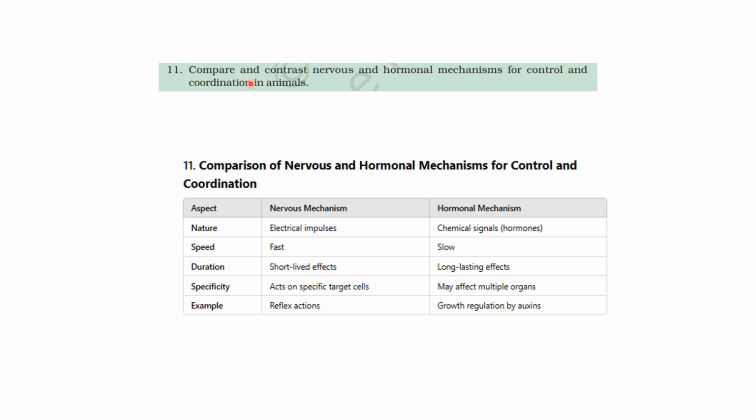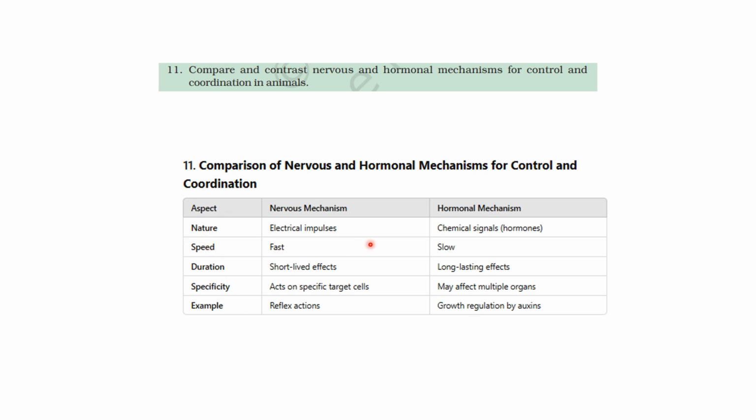11th question is compare and contrast nervous and hormonal mechanisms for control and coordination in animals. Okay. So अगर कभी भी comparison का question आता है और आप tabular form में लिखते हो, you get very good marks using this, right? So nervous mechanism and hormonal mechanism we compare using different aspects. Okay. Nature.